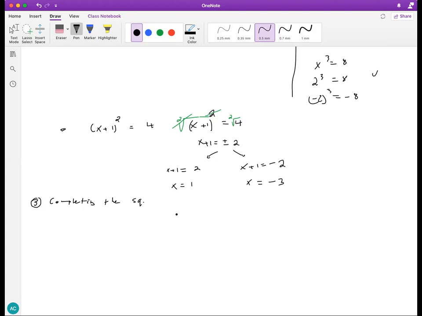So let's take a simple example, but instead of doing it the easy way by factoring, if you look at this equation here, we can easily solve it by factoring it. The solutions are -2 and -3, no big deal. But let's try to use the completing the square method.